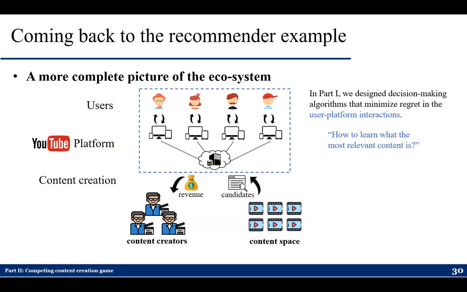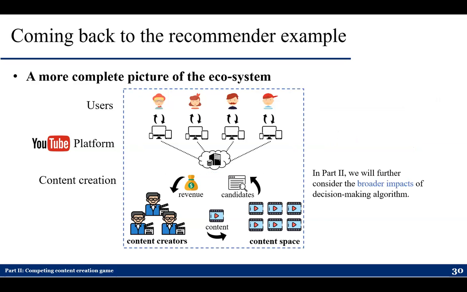Their decision in terms of what contents are produced is in fact affected by the decisions made in this interactive decision-making process. So this completes another loop where the interactive decision-making actually has a broader impact on this whole ecosystem.